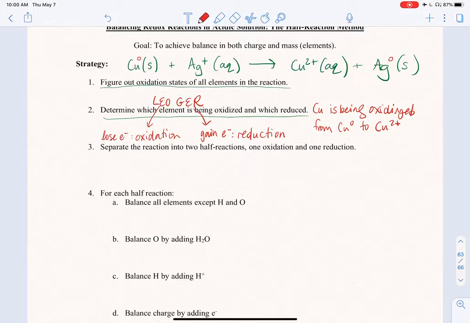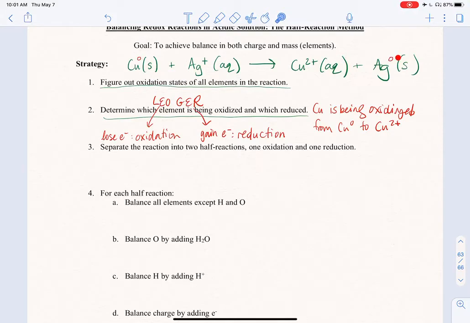Of course, in any redox reaction, one species is going to get oxidized, and that means that some other species has to get reduced. You cannot have one without the other, because you have to have electrons transferring from one thing to another. So silver must be being reduced, and indeed you can see that it is. It's going from +1 to 0. So that's a 1 electron reduction. It's becoming less positive, it's becoming more negative.